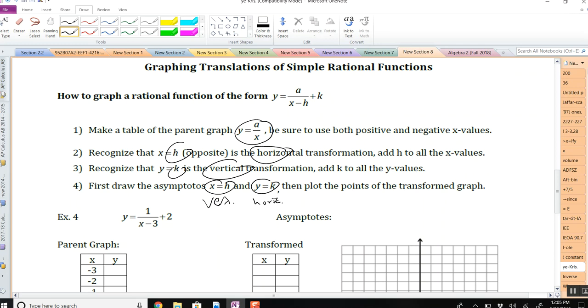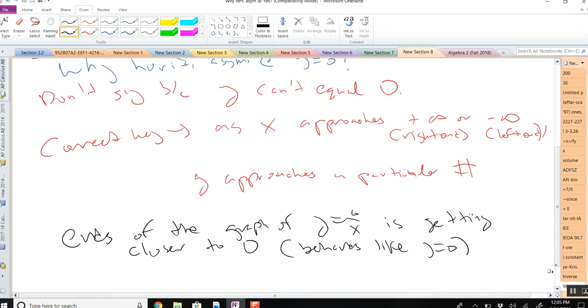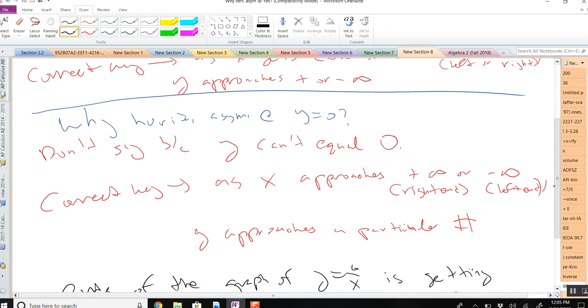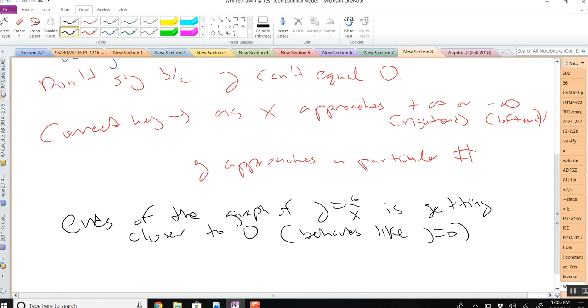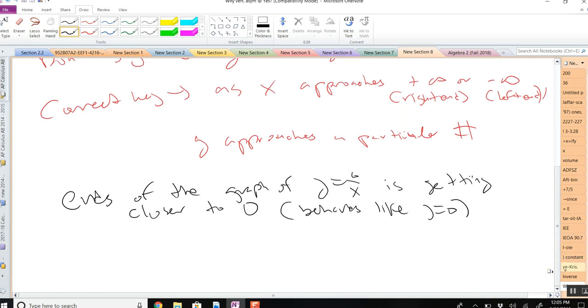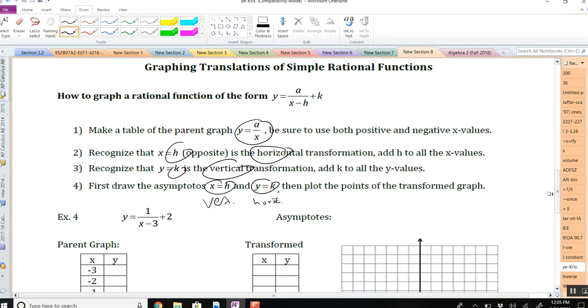But again, it all comes back to if x is approaching a certain number, we notice that y is going towards positive or negative infinity for vertical asymptotes, as I just said over here. And for horizontal or end behavior asymptotes, as x gets really large or really negative, y is approaching a certain number.